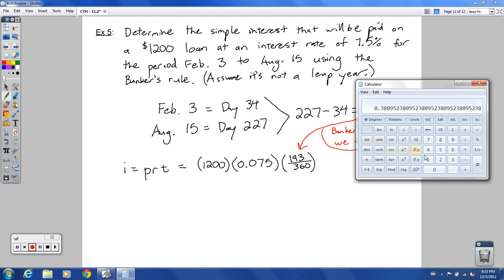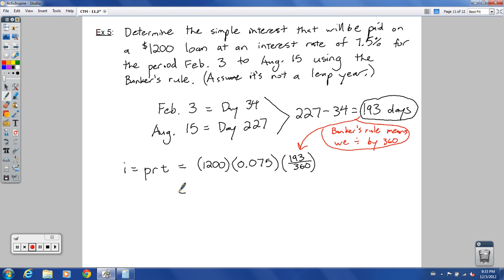So we have 1,200 times 0.075 times, and then I'm going to put 193 divided by 360 in parentheses. I want that to multiply together first, and I'll hit equals. That should do the whole thing there for me. And this one works out pretty nice, exactly $48.25. This is the simple interest that will be paid.